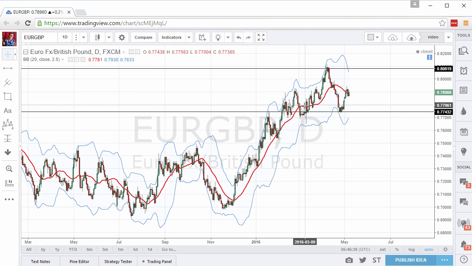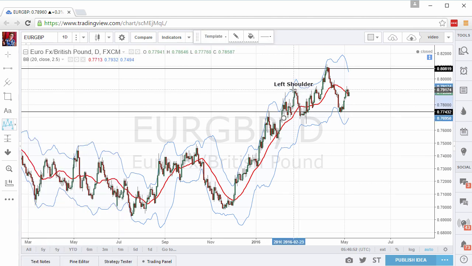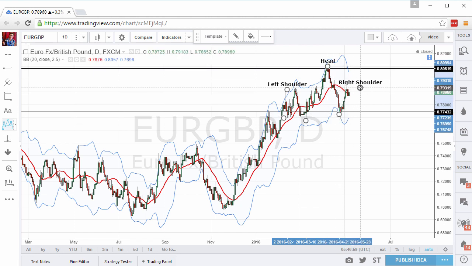And as you can see on the first look, price made some higher highs, and then now we're making lower highs, which is often a clue that the trend dynamics are shifting. And also we can use this knowledge to draw our head and shoulders pattern, which provides information about the trend structure and the buyer-seller balances.